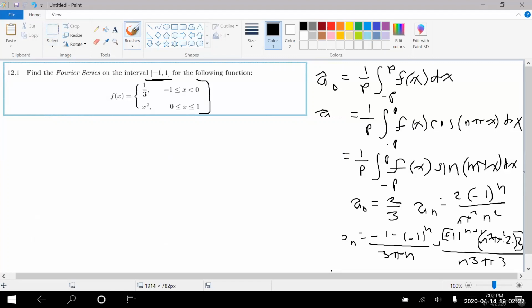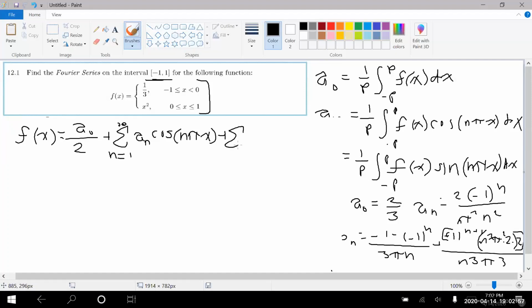So now we are going to plug it in to our base equation. We have f of x equals a naught over 2, plus the summation n equals 1 to infinity of a sub n cosine n pi x, then plus the summation n equals 1 to infinity of b sub n sine n pi x.